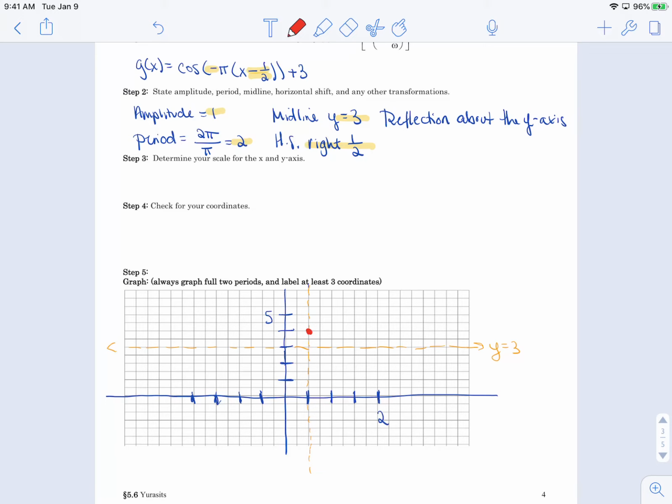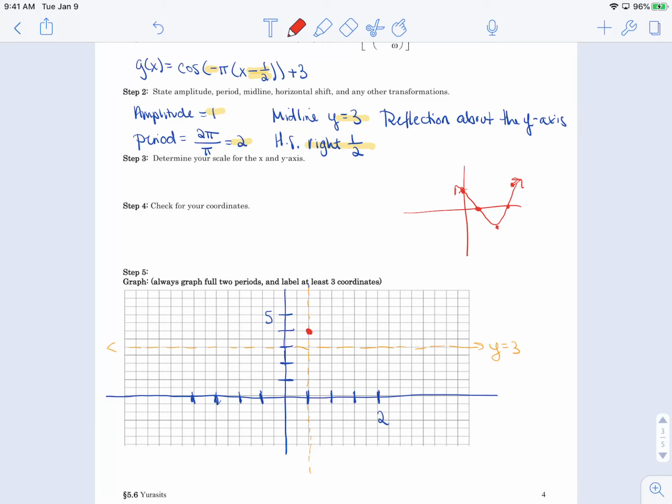So now that is a high point. Remember, cosine goes like this: high point, midline, low point, midline, high point. All cosines have to follow that pattern.